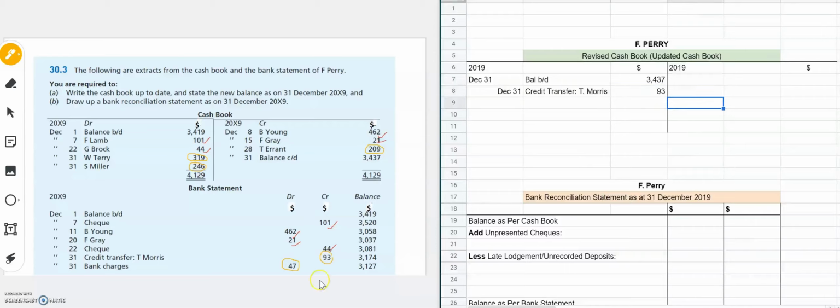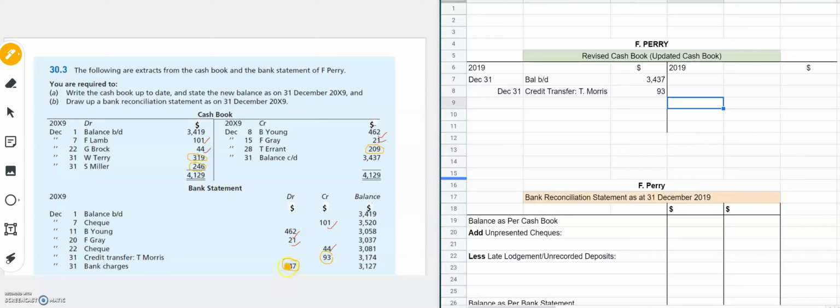Alright, now the next item says bank charges 47. Now these bank charges can be found in the debit column of the bank statement, and therefore when I go to my updated cash book, I am going to place this information on the opposite side, which would be the credit side.